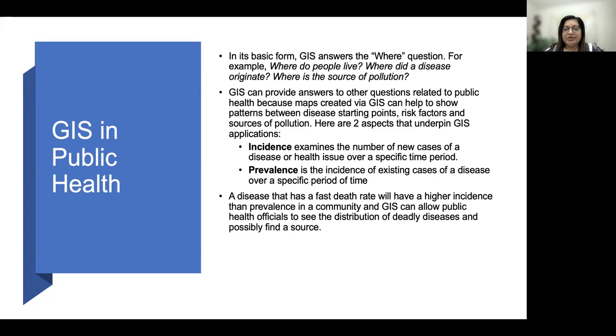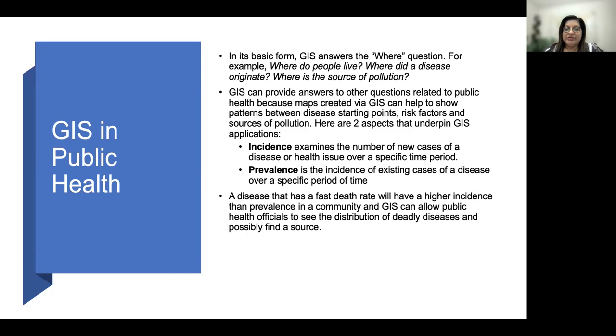There are two aspects that underpin GIS applications, that is incidence, which examines the number of new cases of a disease or a health issue over a specific time period, and prevalence, which is the incidence of existing cases of a disease over a specific period of time. So for example, chronic diseases.